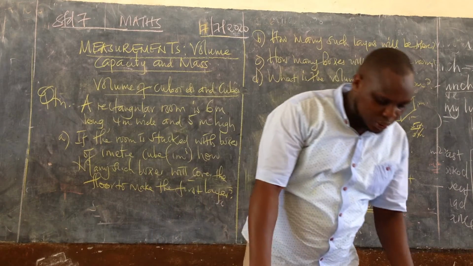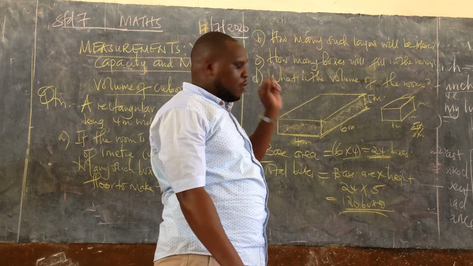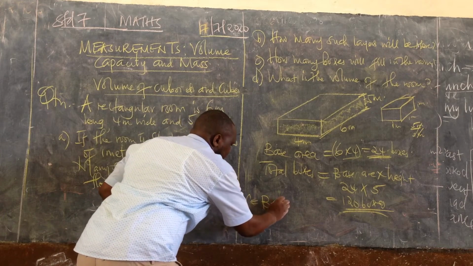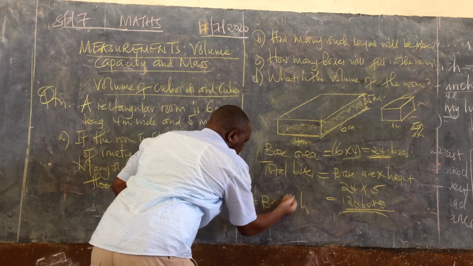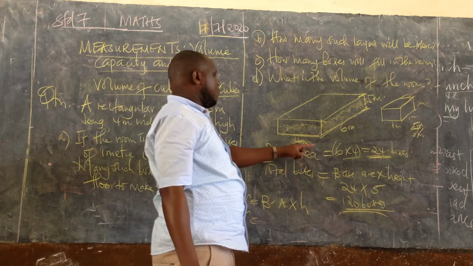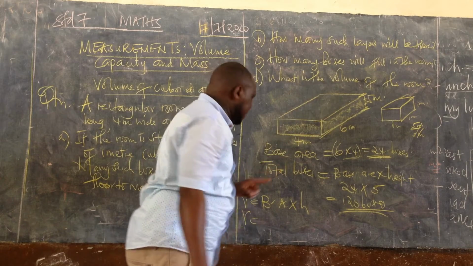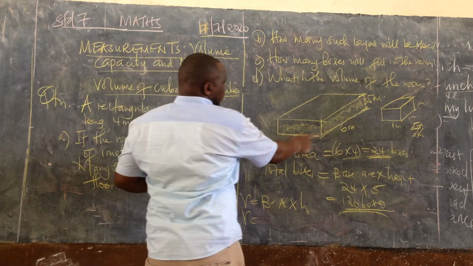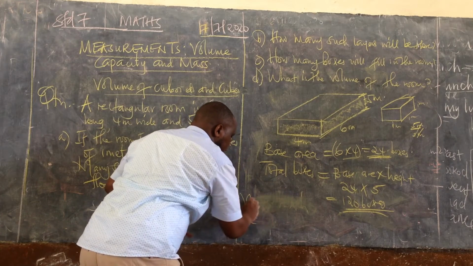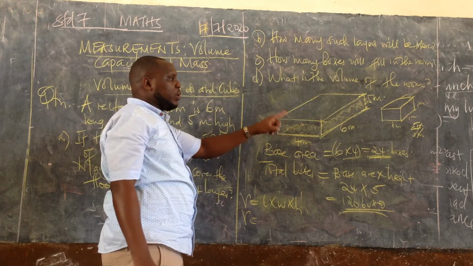Then the last question is find the volume of the room. Volume is calculated by base area times height. So our base area, in this case, we are not talking about boxes. Our base area is 4 times 6, 24 square meters. If you don't know how to use that, you can use length times width times height, because this is not a cube, it has a length and width and height.